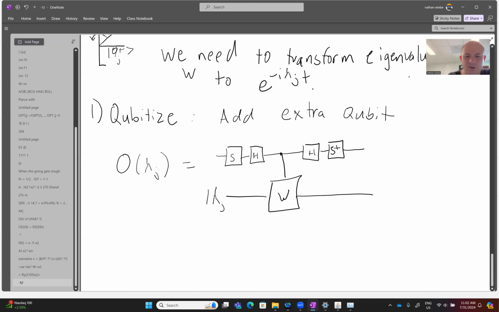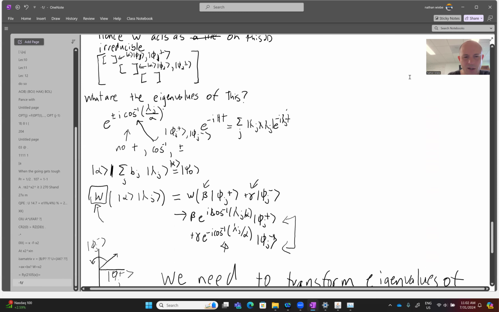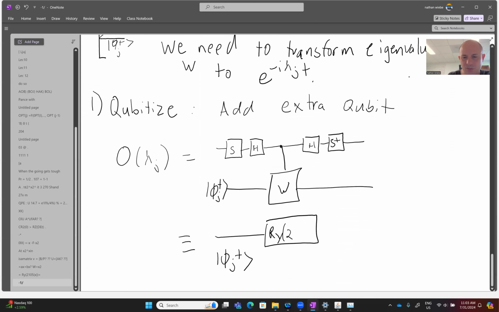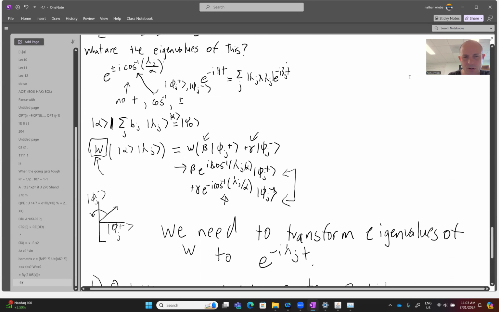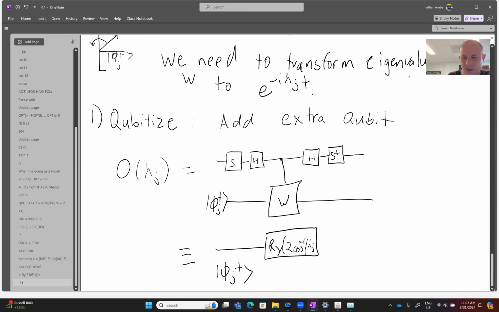Now, if this has a state of phi j plus down here, then this circuit is equivalent to just phi j plus down here and a Y rotation of 2 inverse lambda j over alpha.